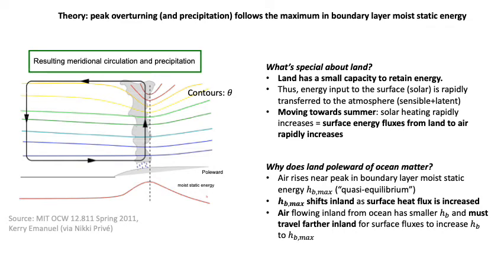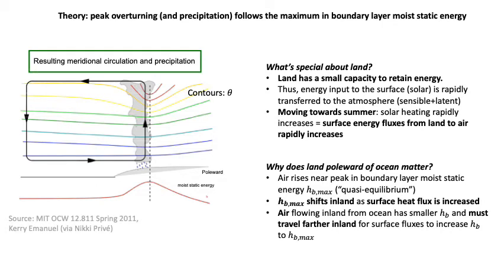The second part is, why does land poleward of ocean matter? Generally, and this is something we're skipping over a little bit, air tends to rise or convect near a peak in boundary layer moist static energy, which we'll call HB max. This is a concept we call quasi-equilibrium, which will come up again in the Walker cell next lecture.